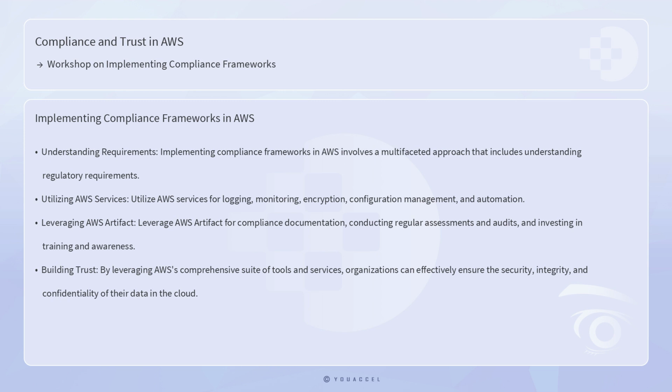By leveraging AWS's comprehensive suite of tools and services, organizations can effectively implement compliance frameworks, ensuring the security, integrity, and confidentiality of their data in the cloud. This not only helps meet regulatory requirements, but also builds trust with stakeholders, ultimately contributing to the organization's success.